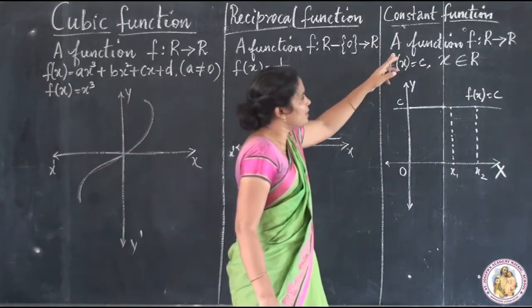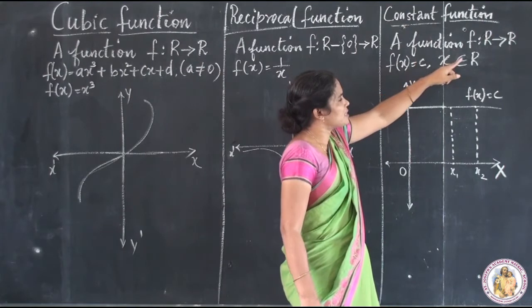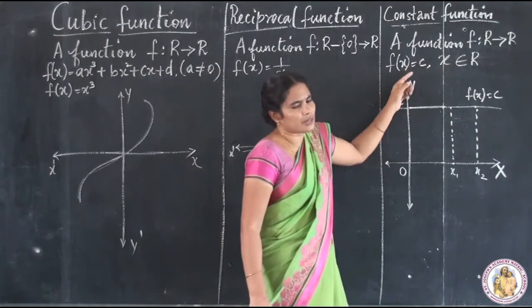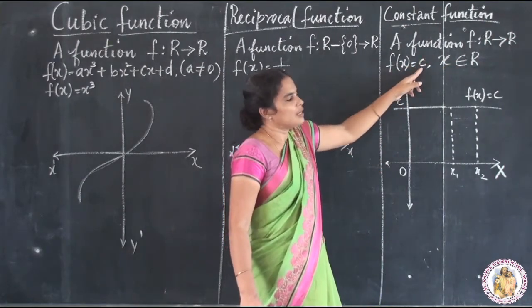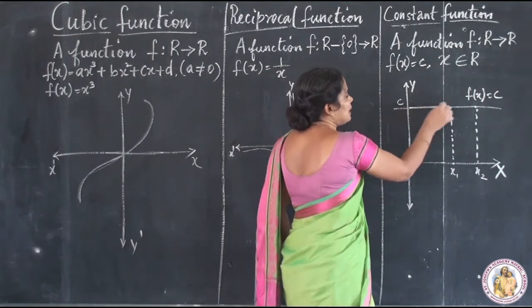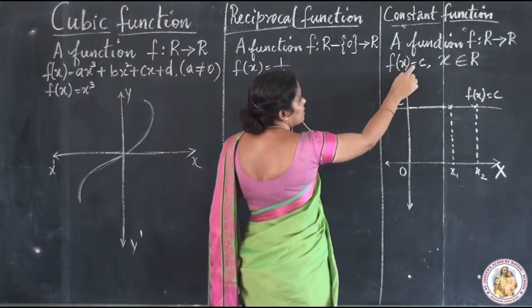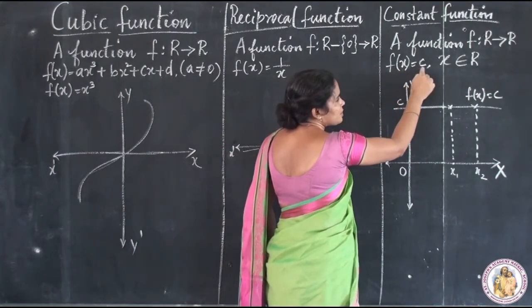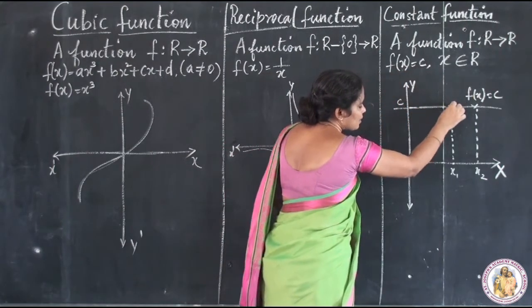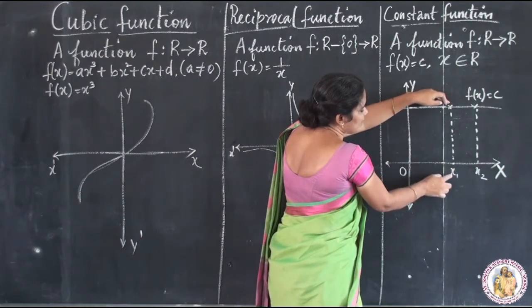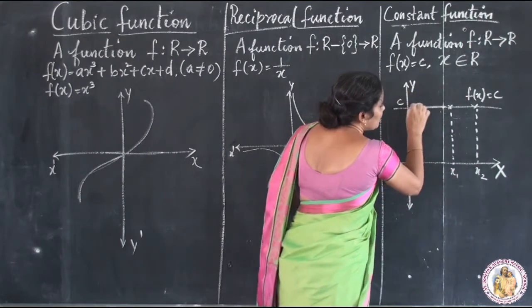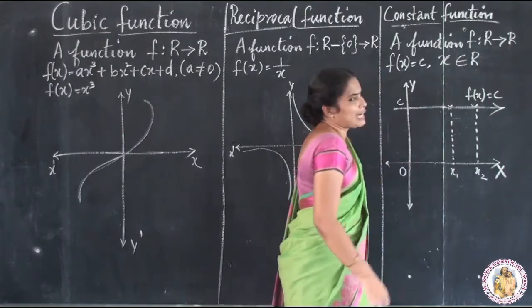Okay, and the constant function: a function f such that R to R, f of x is equal to c. The value of y will remain as c. So f of x is equal to c, constant function, x belongs to R. Taking x1 and x2, we will get a parallel line.